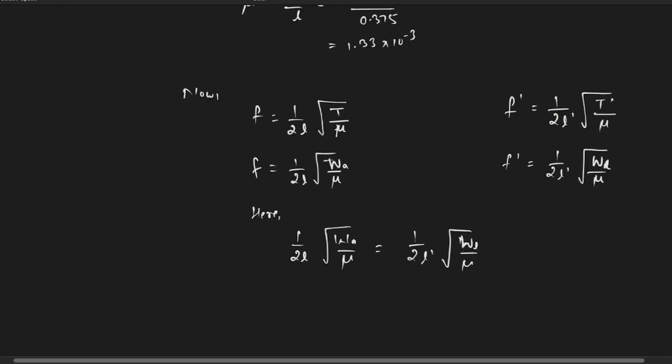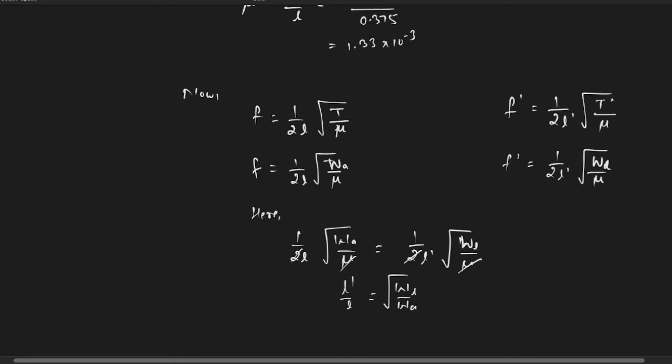Since the frequencies are the same in both cases, mu is also the same. Here we can get L dash by L is equal to the root of weight in liquid by weight in air.